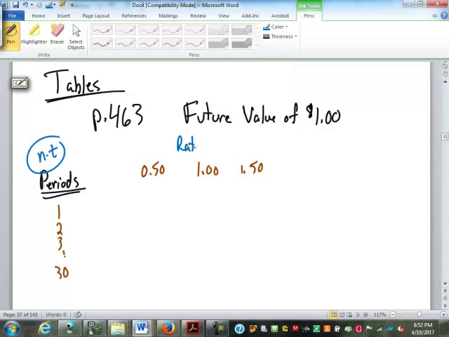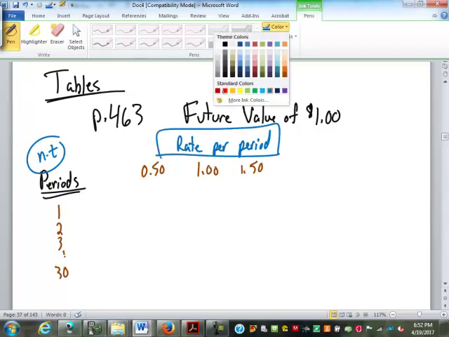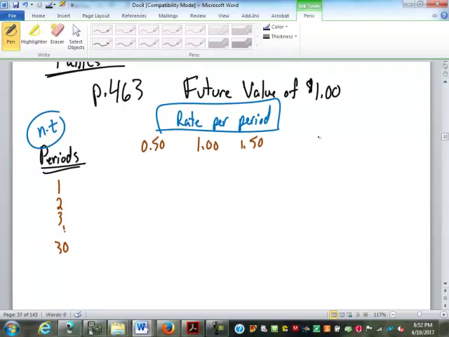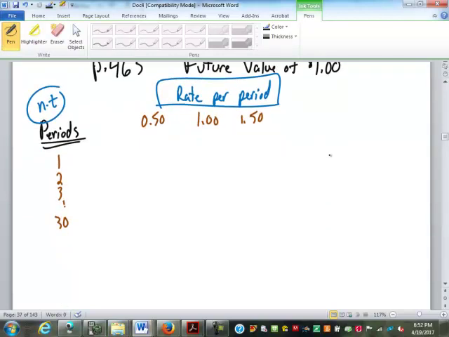This would be the rate per period. That is actually a combination of these things here. Most of the examples we have done so far, we could not have done with this table. So let's look at an example that we could do with this table.